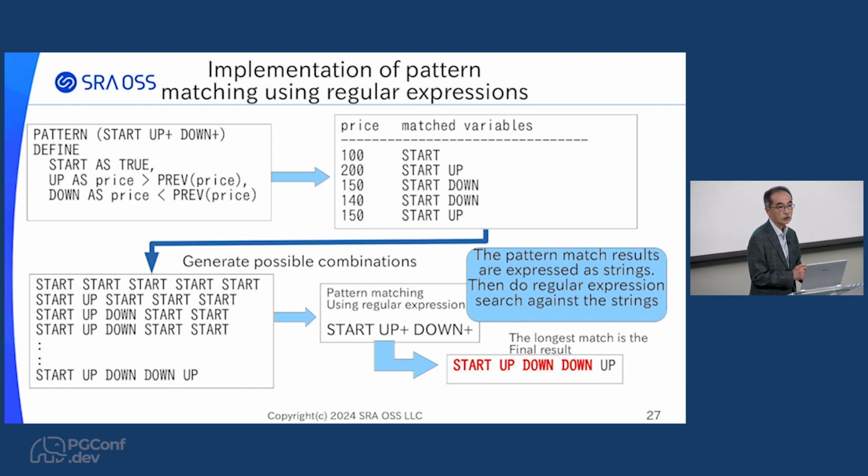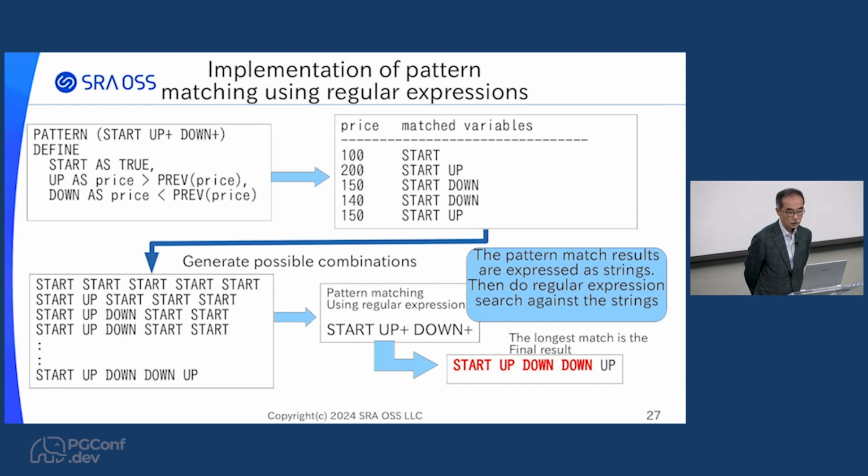And the next thing the RPR engine has to do is search for a matching combination from them using the pattern variables and the regular expression. In this case, we need to perform pattern matching, start up plus and down plus. If we apply this, we can get this result, start, up, down, down.